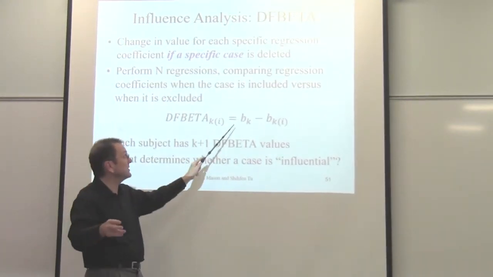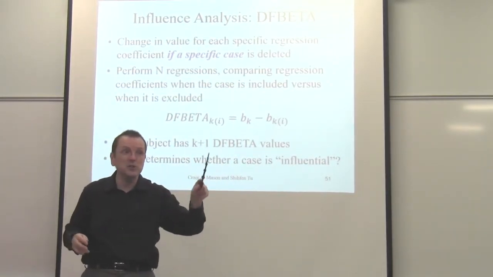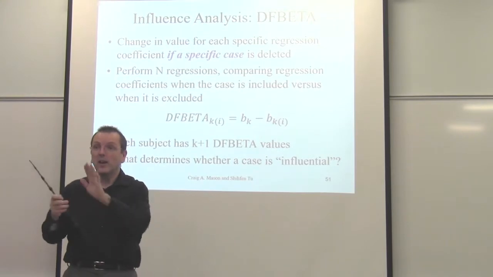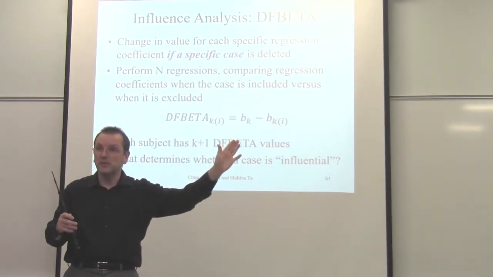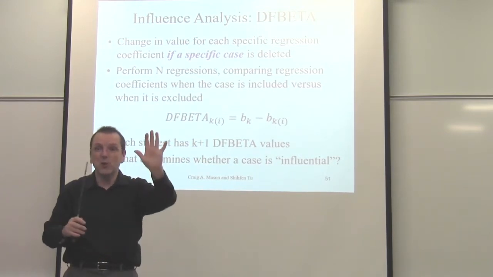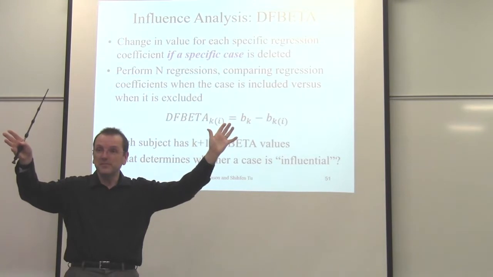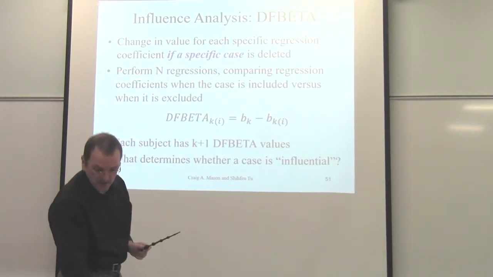And then for X1, it does the same thing. It looks at how every regression coefficient changes when Kavanaugh is dropped from the analysis. And then it does it for Chapin. And it does it for Toby, and on and on and on. Okay.